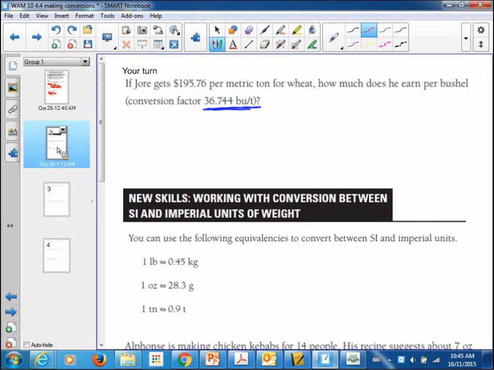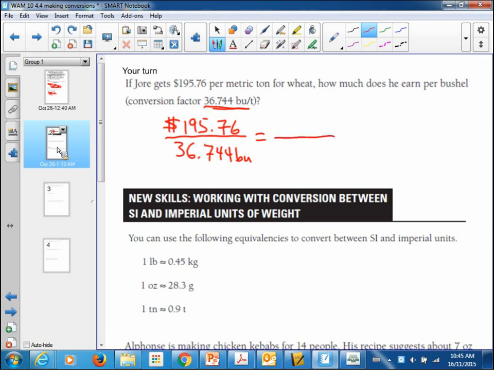I guess I'll do this one. Well, that really means he gets $195.76 per ton, and we're told that a ton is 36.744 bushels. You figure that out. How much does he earn per bushel?